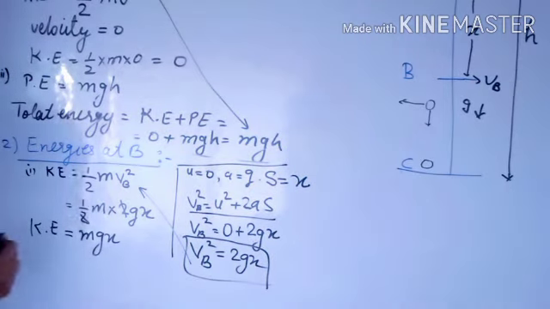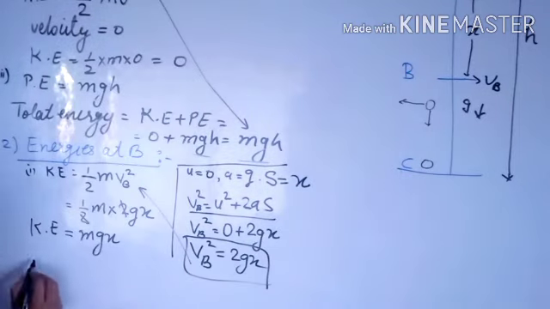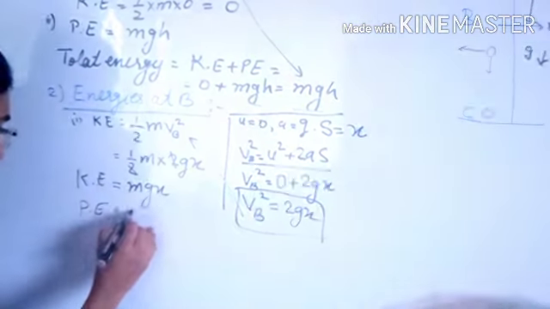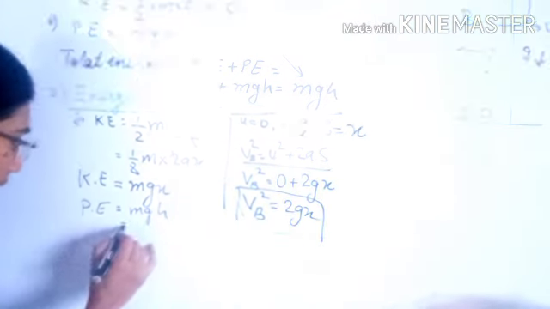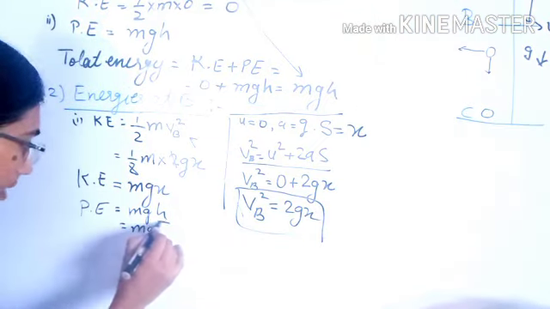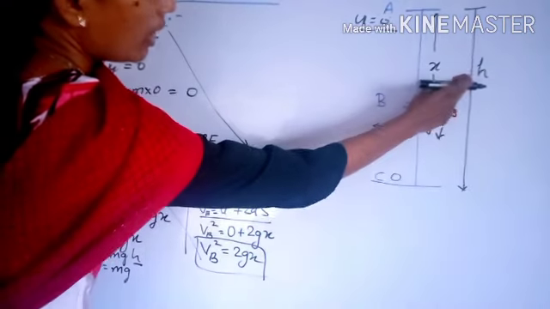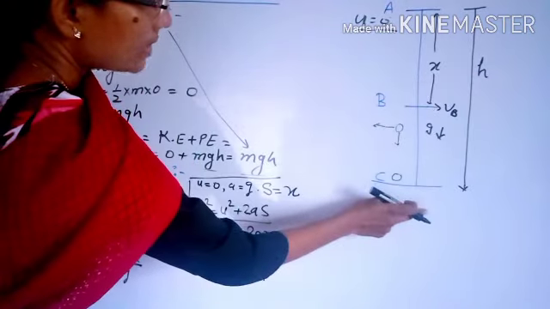Now we will find out the potential energy at point B. Here the formula of potential energy is mgh. So mg, now what is h? Observe it carefully. The total height is h.